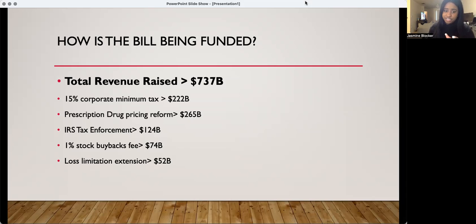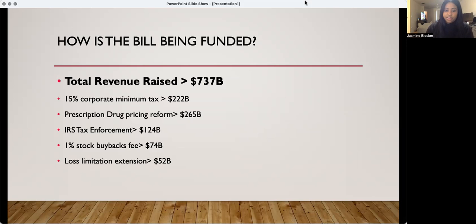We have 15% corporate minimum tax provisions accounting for $222 billion. We have the prescription drug pricing reform accounting for $265 billion. We have IRS tax enforcement provisions accounting for $124 billion. And we have 1% stock buybacks at $74 billion and loss limitation extensions at $52 billion.